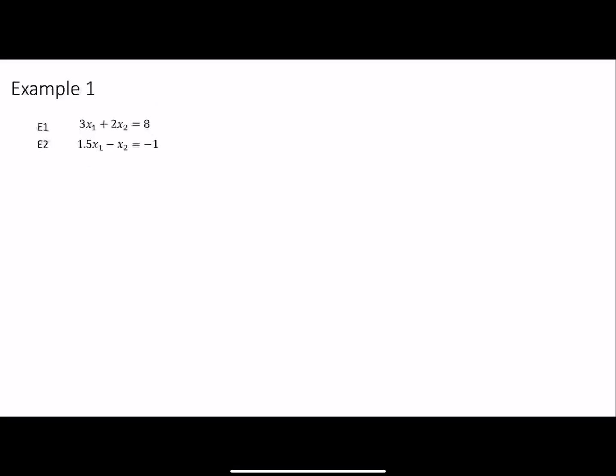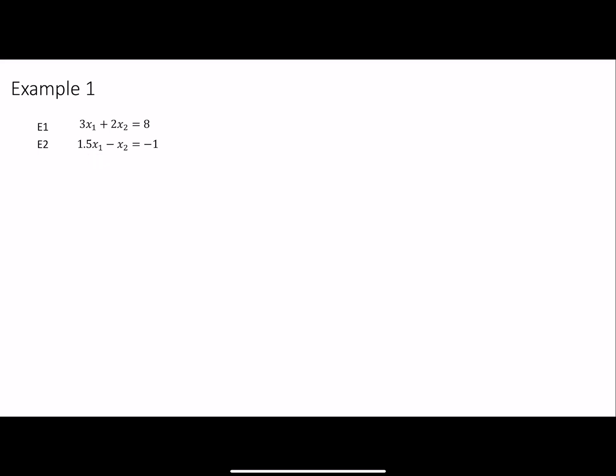So let's look at a quick example of how to do this forward elimination procedure. We have here a system of equations, equation 1 and equation 2, right? And so we're going to now leave equation 1 as is, and we're going to modify equation 2 so that the first term here will be 0, right?